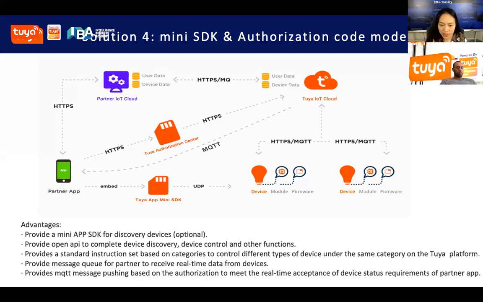It's just like when you use third-party voice control: when you go to the Alexa or Google Home app and click some buttons to jump to a website to enter your account and password, which is a similar way. You use this way to get full control of the devices under the same category on the Tuya platform.